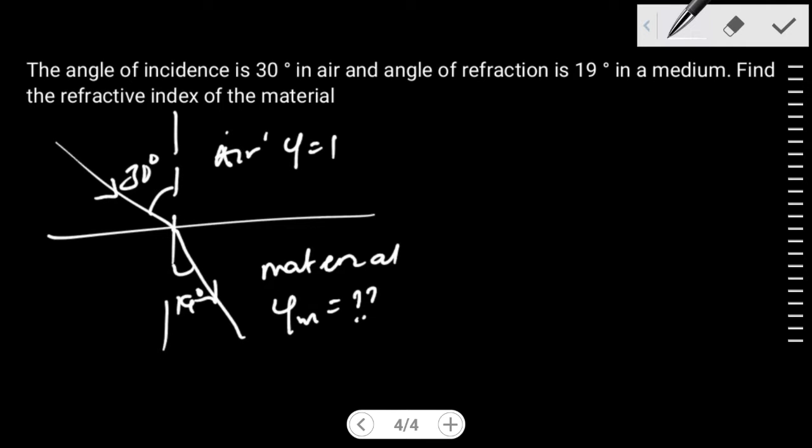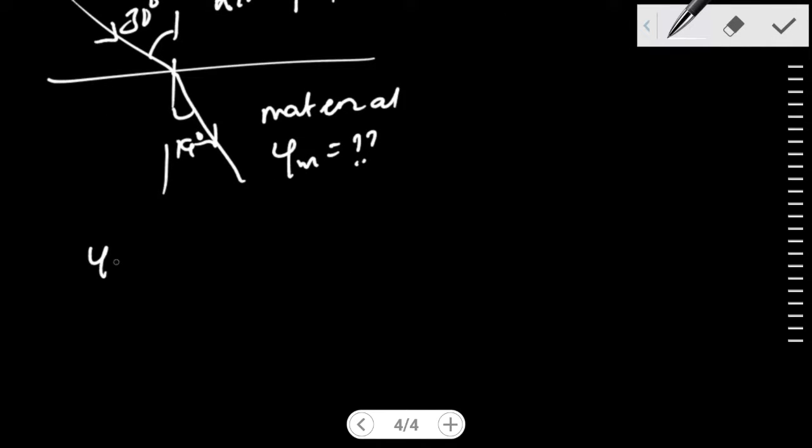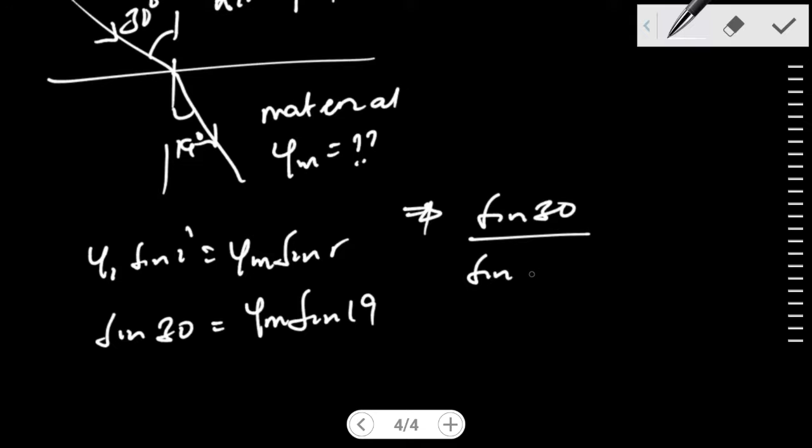So let's do the calculation. We know that the refractive index of air times sine I would be equal to the refractive index of the material medium times sine of r. Therefore sine of 30 is equal to the refractive index of the medium times sine of 19, and if we proceed, this will be sine of 30 divided by sine of 19.